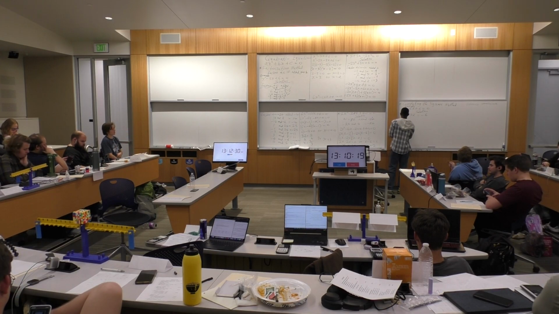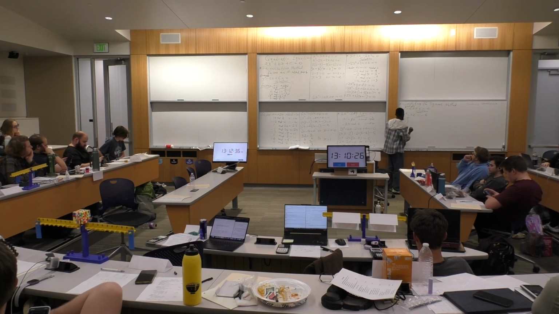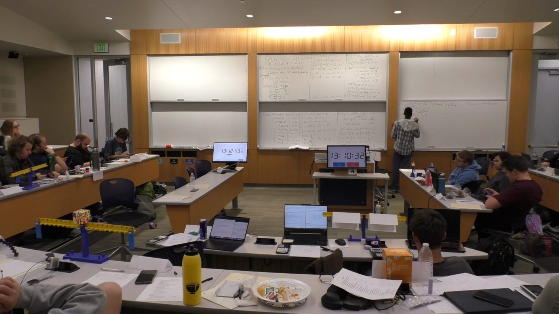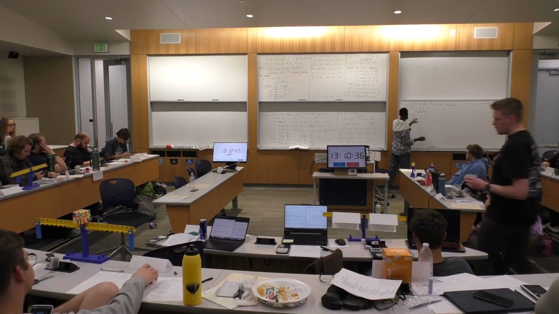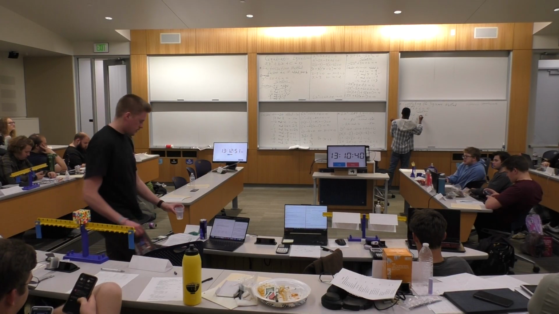So I want to take half of b and square it. We want to take half of b and square it. So what is b? Minus 5 over 2. We'll square it and add this to both sides of the equation.